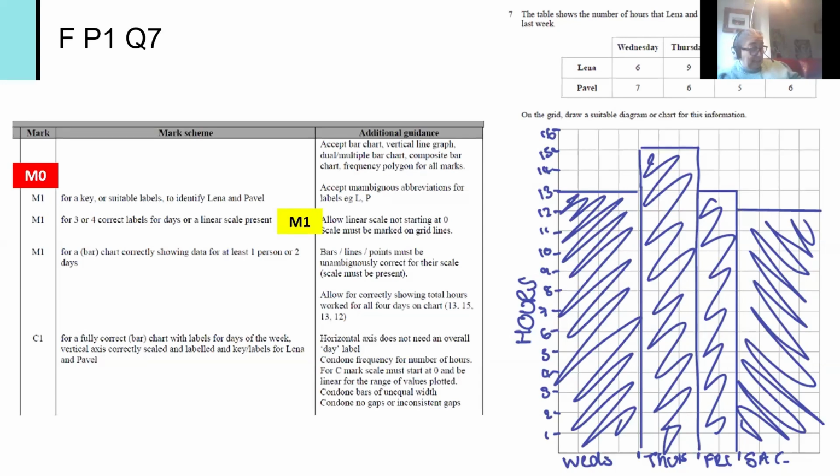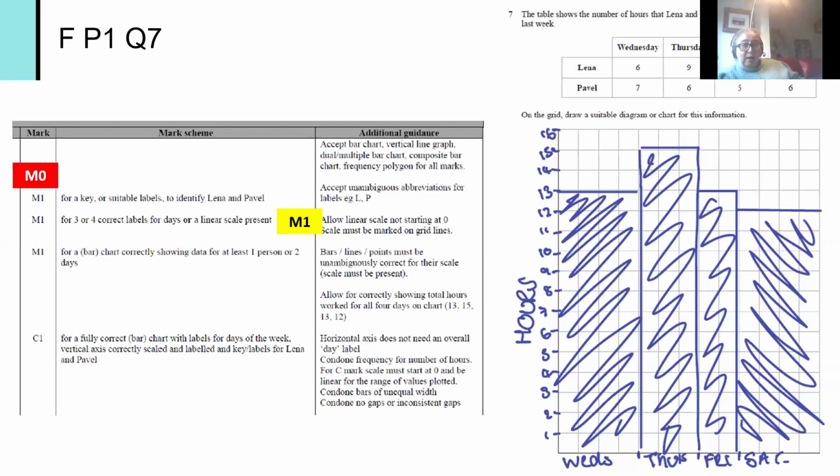So that scale is linear. And then they're correctly showing 13, 15, 13 and 12, albeit they're different widths.